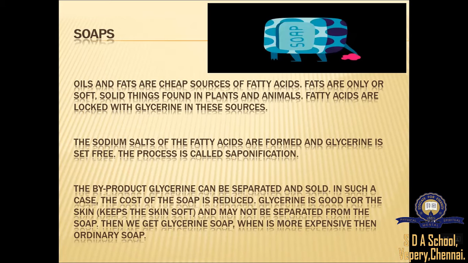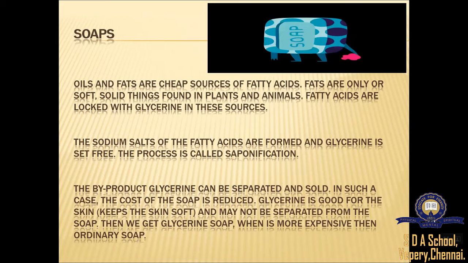How many carbon atoms are present in palmitic acid? 16 carbon atoms. In stearic acid, 18 carbon atoms are present. A common soap contains sodium palmitate or sodium stearate. Sodium palmitate has 16 carbon atoms, stearic acid 18 carbon atoms.